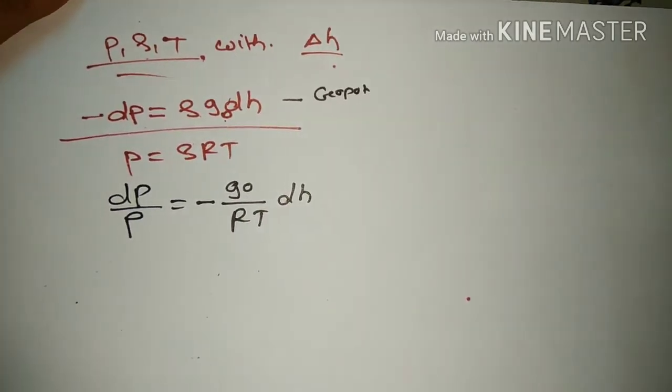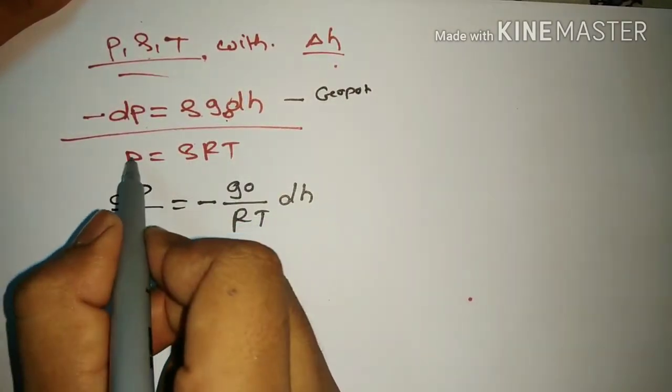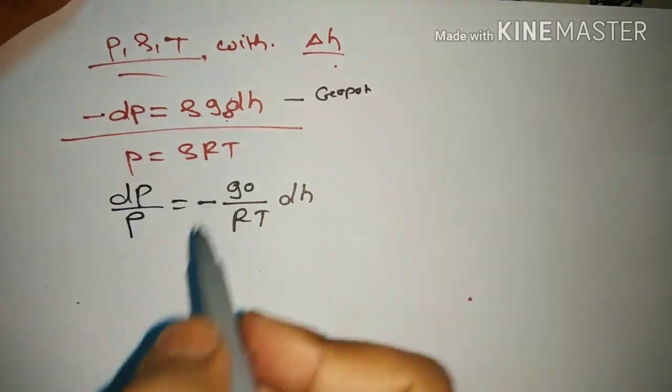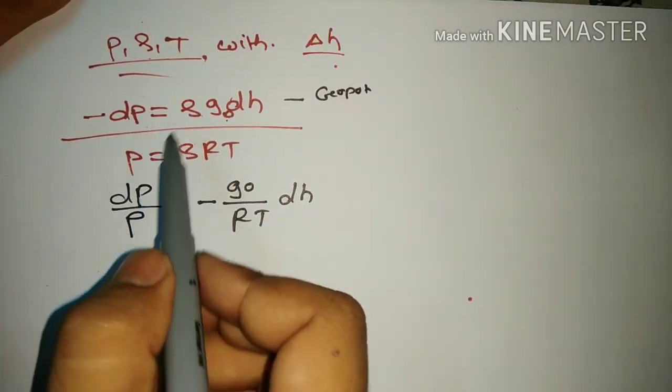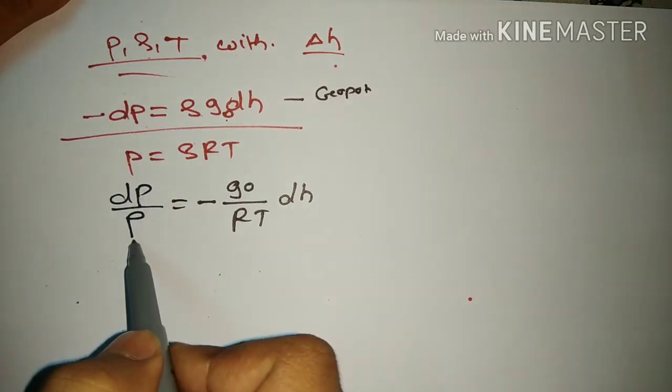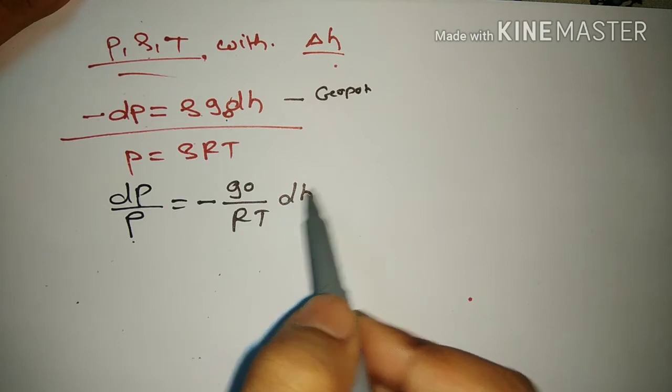Understand? We divide this equation by p equals rho RT, the general equation of state, so dp by p equals minus g0 by RT delta h.